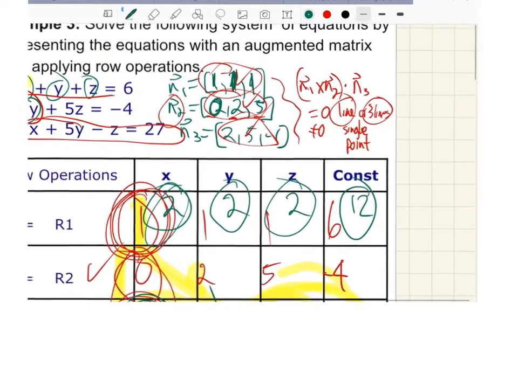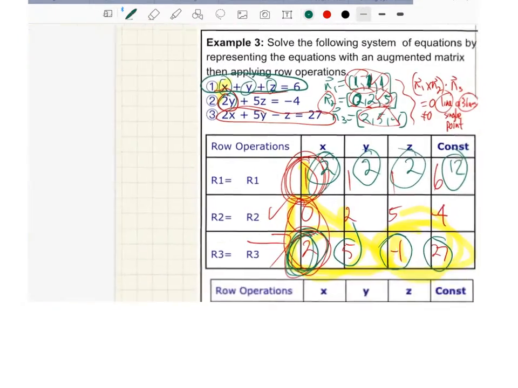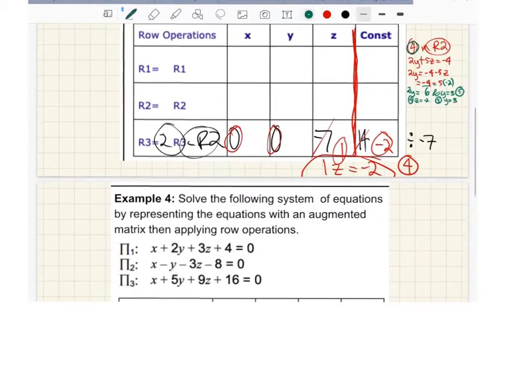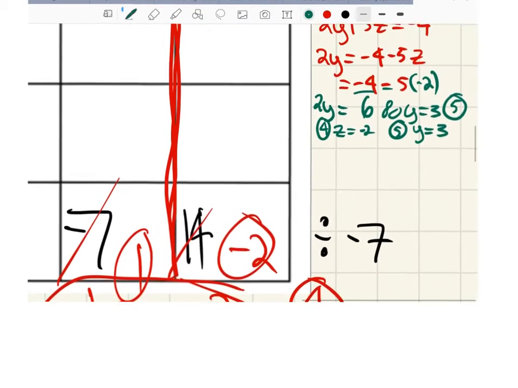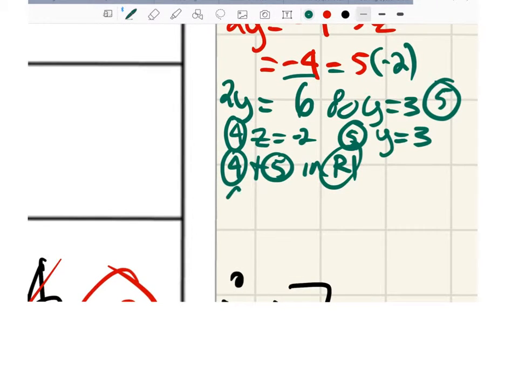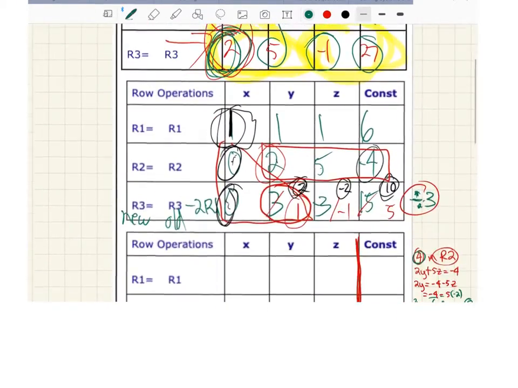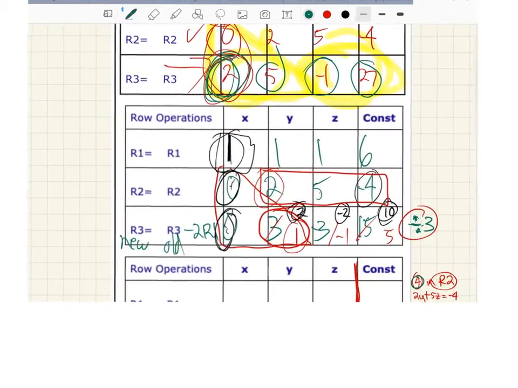Okay, maybe this is pretty messy stuff. Let's go back up to the very first one. There's the first equation, which is the first row: x plus y plus z equals 6. So now I can back substitute there. I'm going to put equations 4 and 5 in row 1. What does row 1 say? Row 1 says x plus y plus z equals 6.